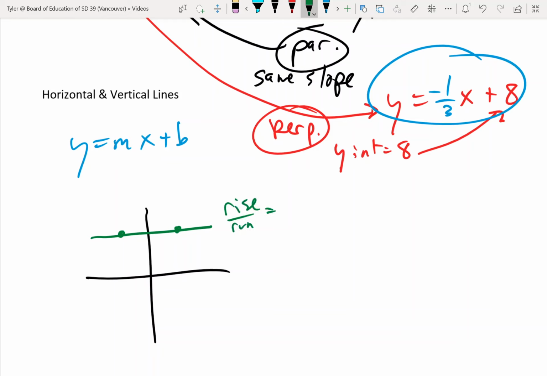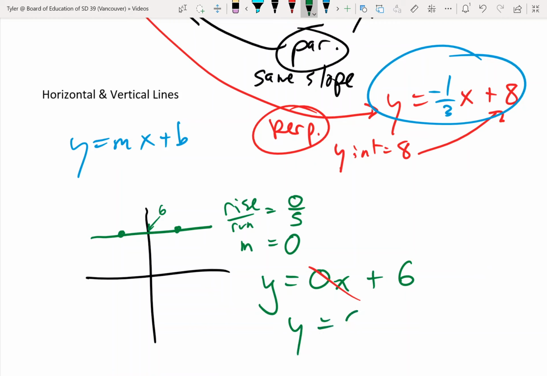My rise from here to here was 0 because it didn't go up. The run, let's say it's 5. It doesn't matter because 0 divided by 5 is 0. So my slope is 0. So if I wrote an equation, it would be y equals 0x plus whatever this number is. Let's call it 6. This would simplify because this would cancel out and it would just become y equals 6.